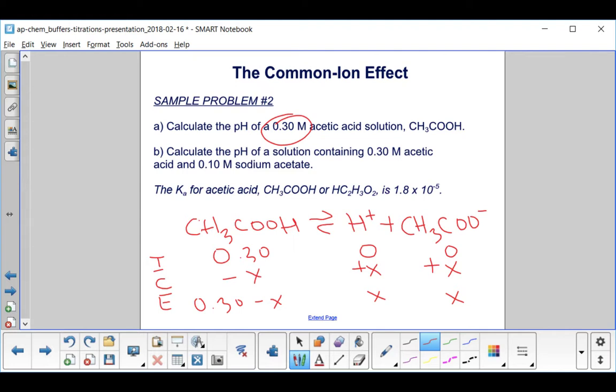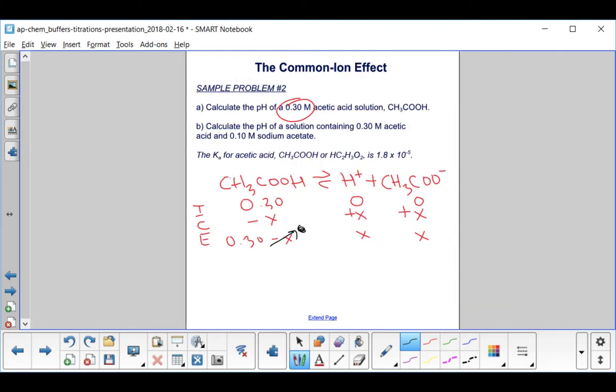Okay. So again, let's assume that this change is very small so that we can ignore this minus X. And let's keep in mind our Ka expression: concentration of H plus, concentration of acetate, over concentration of the acetic acid.